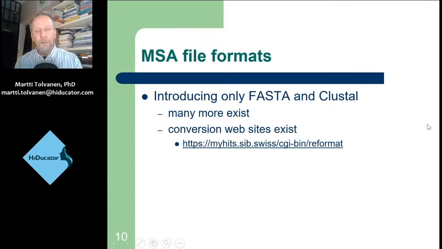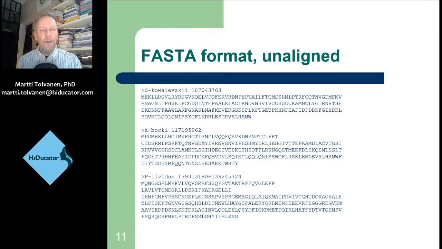So if you do phylogenetics, your program might be requiring a specific file format like Nexus, and then you can go to a site like MyHits, which gives you the possibility to interchange between the formats. But anyway, FASTA and Clustal are something you should be able to recognize just by looking at the file, so that you know what you tell your program to treat it as, and you give it the right name in case your program expects a specific name.